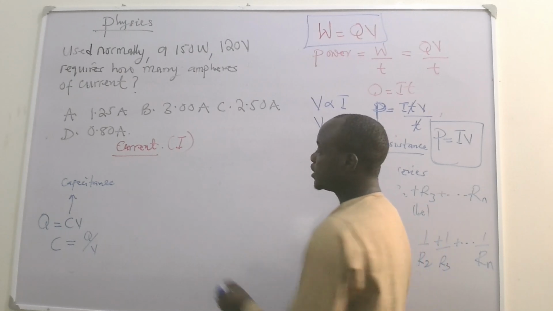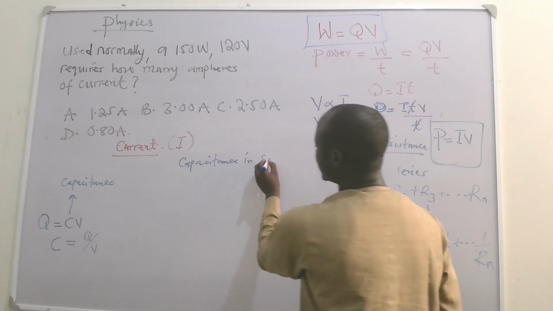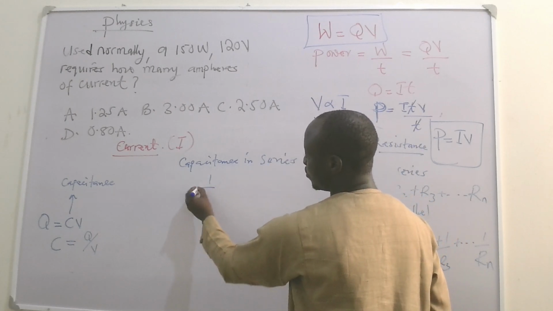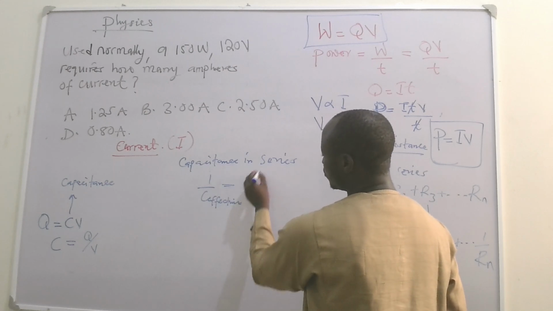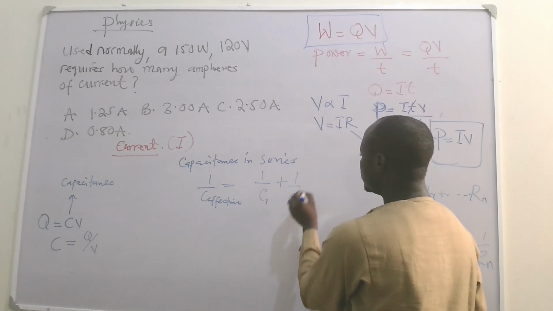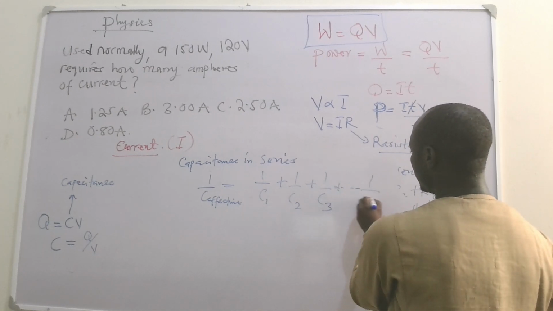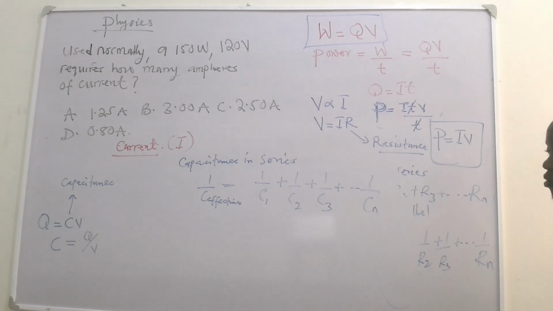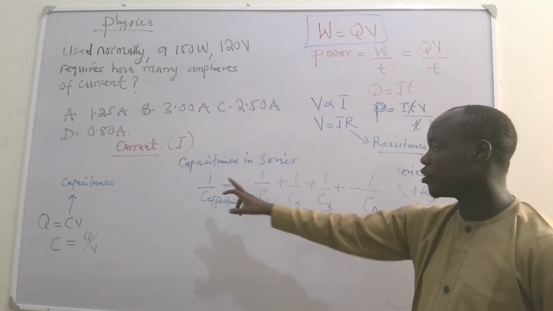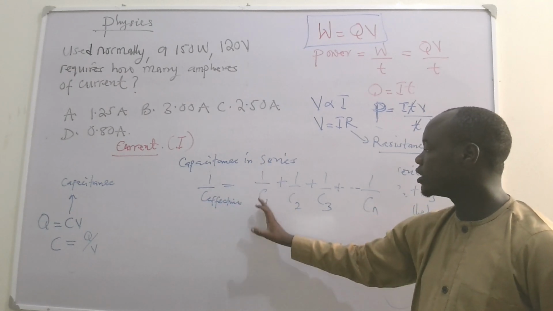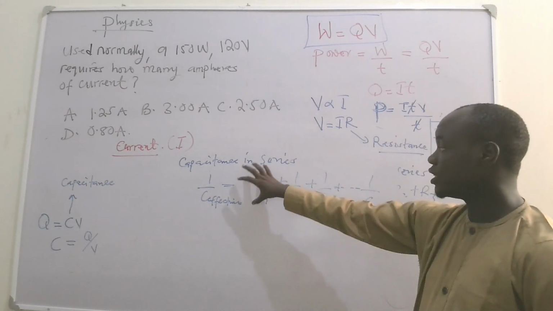So how do we calculate capacitance in series? 1 all over C effective, or C total, is equal to 1 all over C1 plus 1 all over C2 plus 1 all over C3 plus up to 1 all over Cn, depending on the number of capacitors. So this is the capacitance in series.